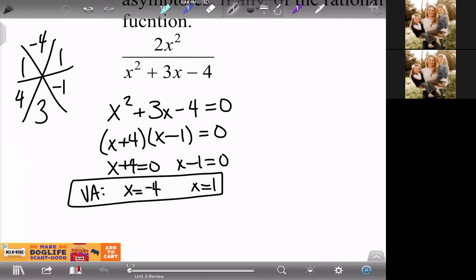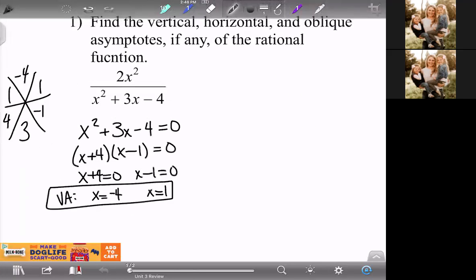The next on the list, it asks us to identify horizontal. In order to find the horizontal asymptotes, we're going to compare the degrees of the numerator and the denominator. So I'm looking at these two terms here. The highest degree of the top is 2. The highest degree of the denominator, the bottom down there, is also 2.